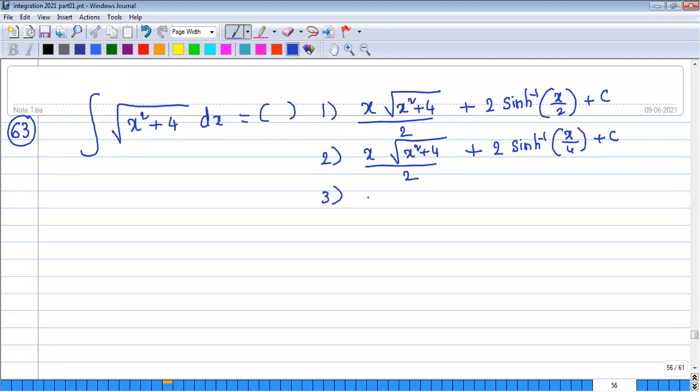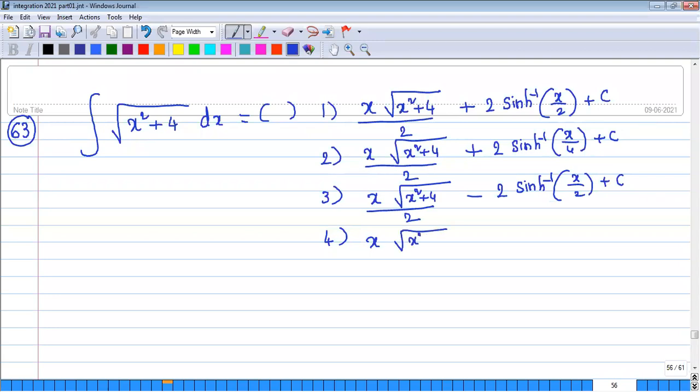Third one, x root of x square plus 4 upon 2 negative 2 sinh inverse x upon 2 plus c. Fourth, x root of x square plus 4 upon 2 plus 2 sinh inverse x upon 4 plus c.